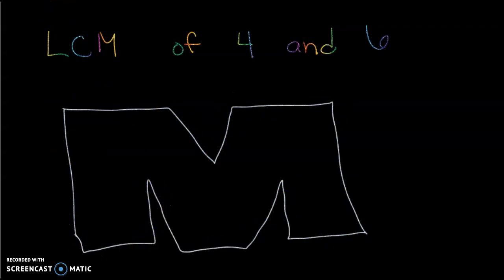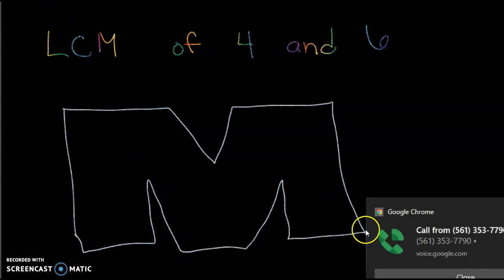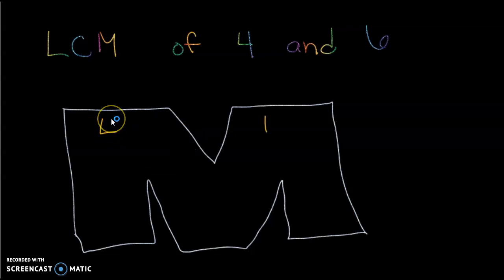So what we want to do is I'm going to draw my big M. All right. I want to find the multiples of 4 and the multiples of 6. Okay, so let's do 4 times 1, 4 times 2, 4 times 3. I'm just going to do the first 5 maybe.